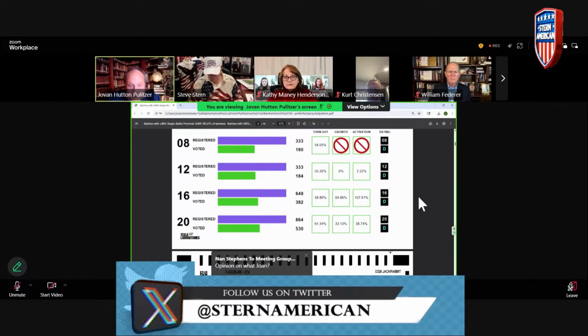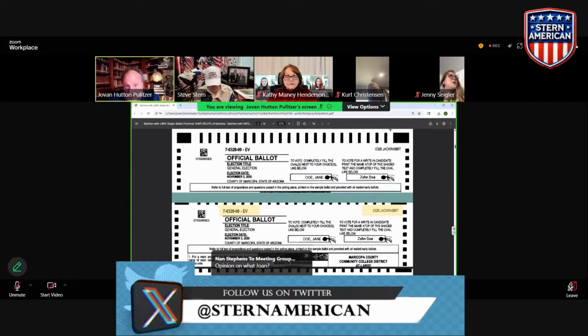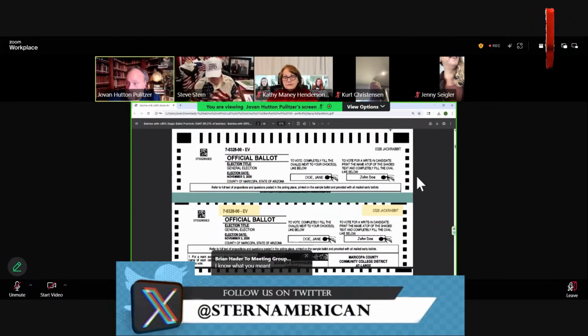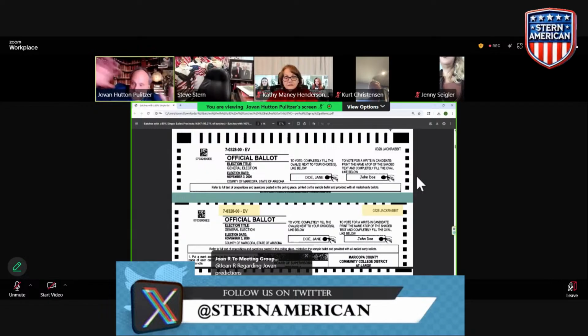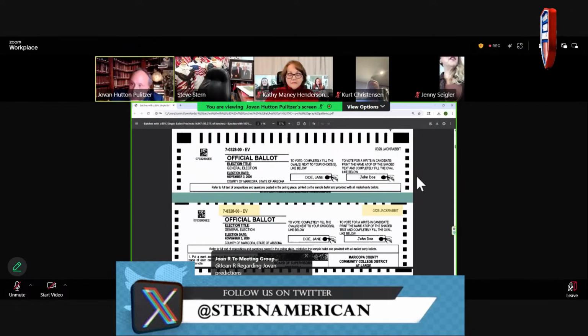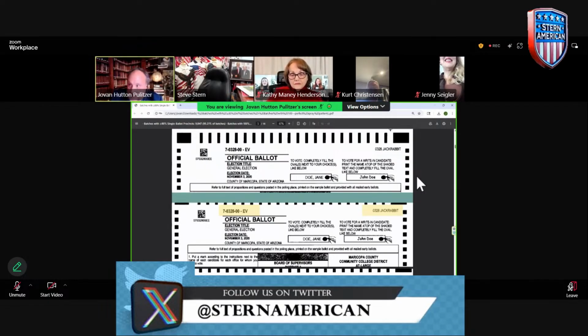Here's how it works. On my screen is a sample of a cast vote record. There are 6 versions of this. Write this down. Most people, when they did the Mike Lindell Get the Cast Vote Records, got the last text file. That's exactly what the county says happened.